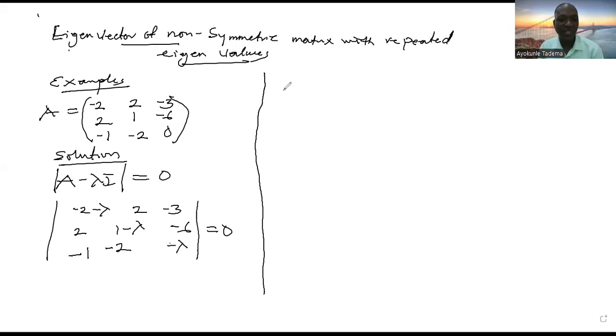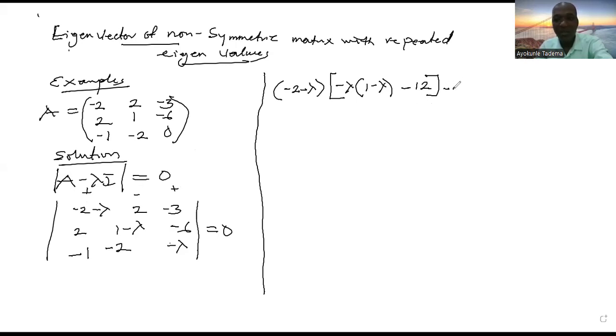When you simplify this, you have -2 minus lambda in brackets. You cover this row and column, and you have this one multiplied by this minus this one multiplied by this. That is minus lambda into 1 minus lambda, minus 2 times -6, which is positive 12. And then the next one is negative.